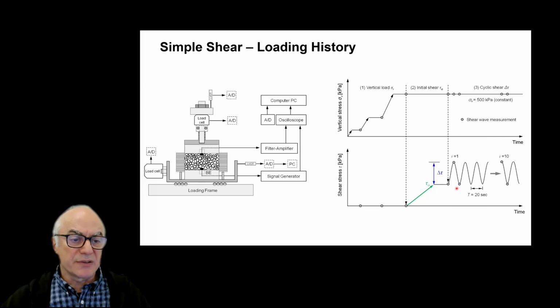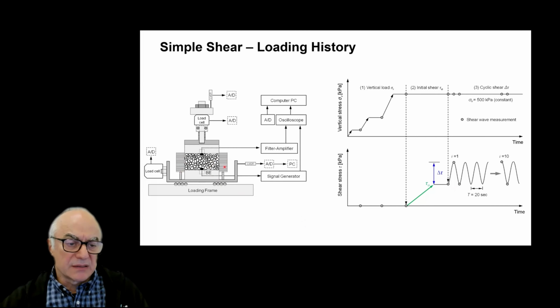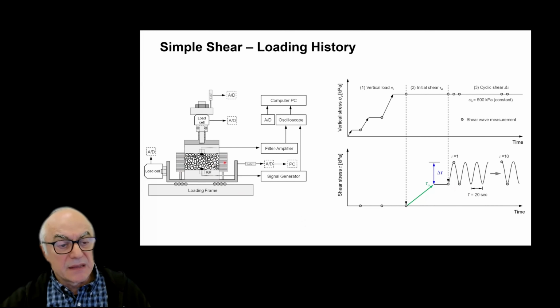So talking about shear, now let's see what happens when we subject the system to shear. And now we have not only the volumetric contraction that takes place under zero lateral strain in an oedometer, but we're also going to experience the accumulation of shear loading. So we do this in a simple shear device, also with bender elements mounted on it.